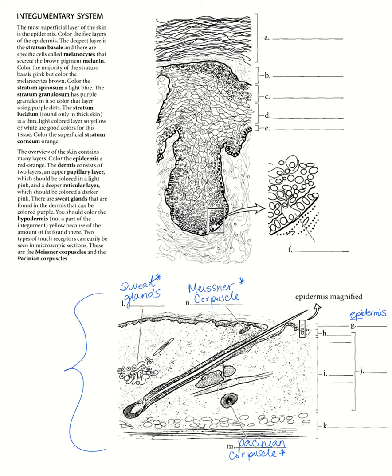Remember, epi meaning above or upon. We then have the dermis, and we have the hypodermis. The hypodermis is not part of the dermis, which is why it's named hypodermis, because hypo means below. So this is the layer that's below the dermis.